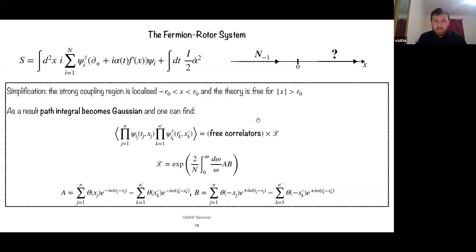First correlation function we can look at is correlation function that contains any number of insertions of fermion fields. That was calculated in the original paper by Polchinski. He showed that this correlation function has the following form. There is free correlator part, which means you set rotor to be 0. You literally imagine that it is theory of free fermions and calculate free Wick contractions times some multiplication factor, which is also very simple.